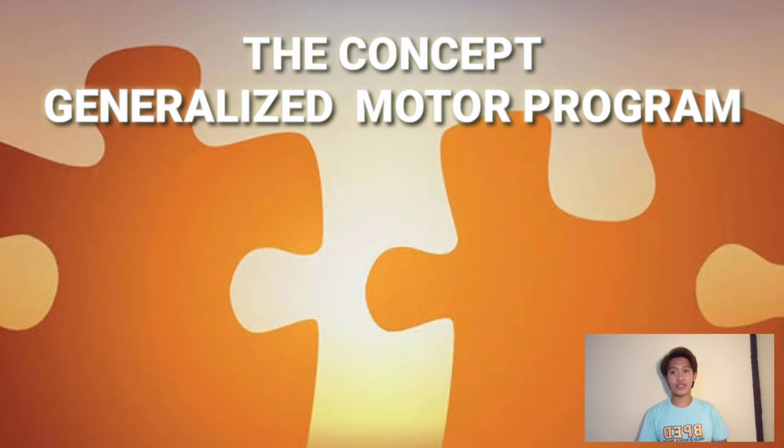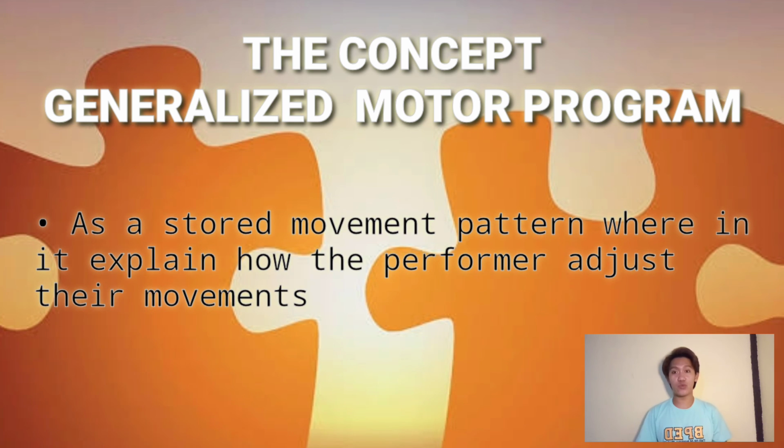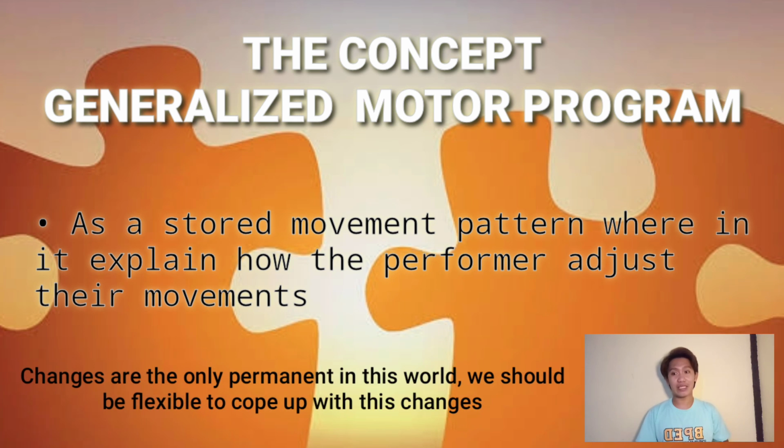The concept of the generalized motor program is viewed as a stored movement pattern, wherein it explains how the performer adjusts their movements. Because by using this program, performers are able to modify or change their learned movement pattern in order to meet changing environmental demands. Change is the only permanent thing in this world, so we should be flexible with these changes.